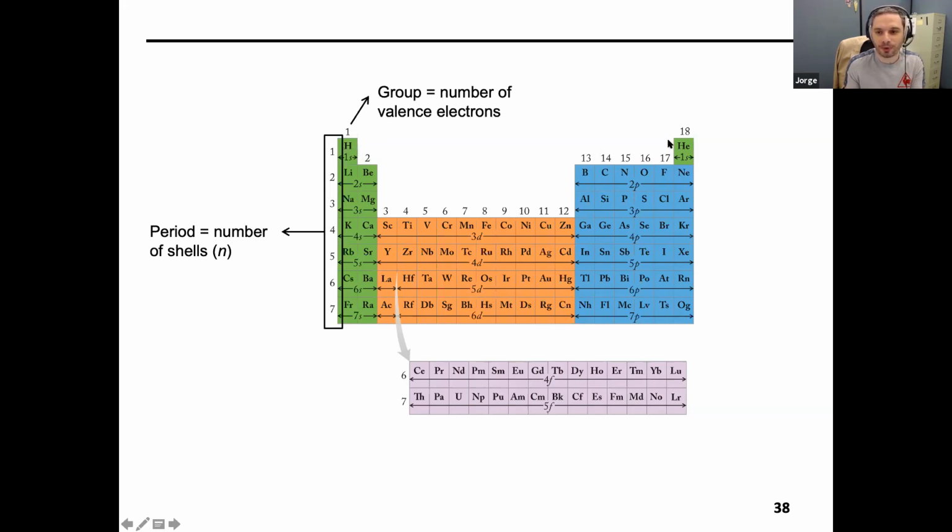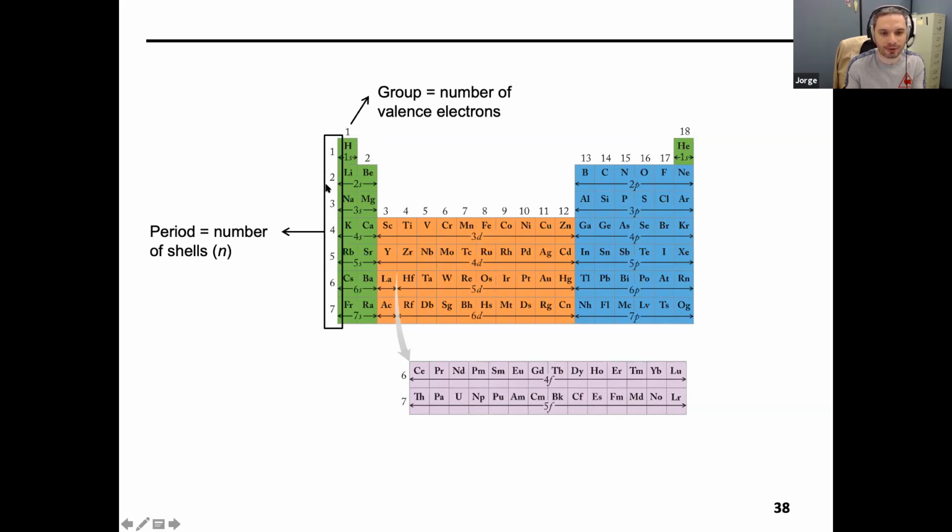And the rows in the periodic table, the number of each row is exactly the number of shells, and each row is called a period. So therefore, in the first period, we are going to have just one shell in the electron configuration. As we move down, one more shell is added.